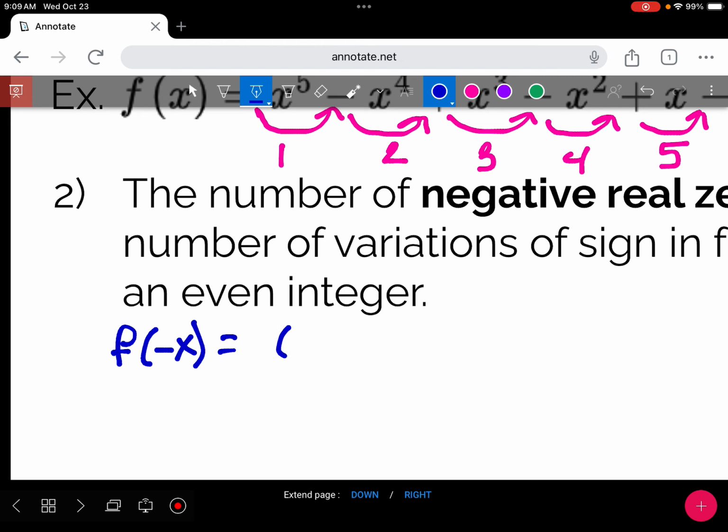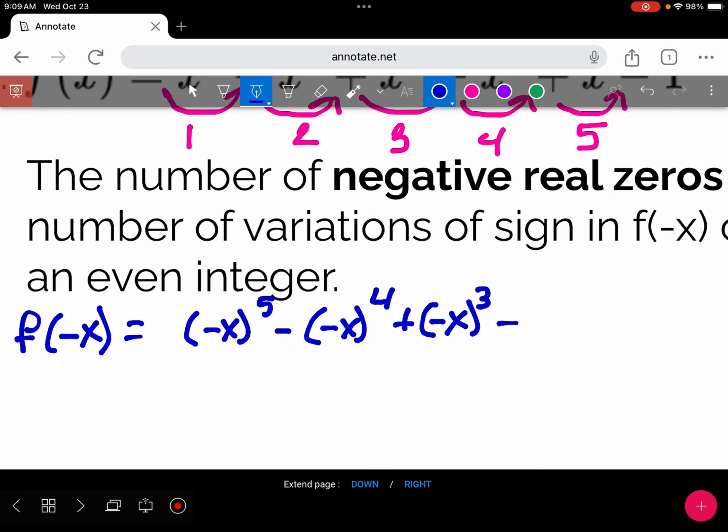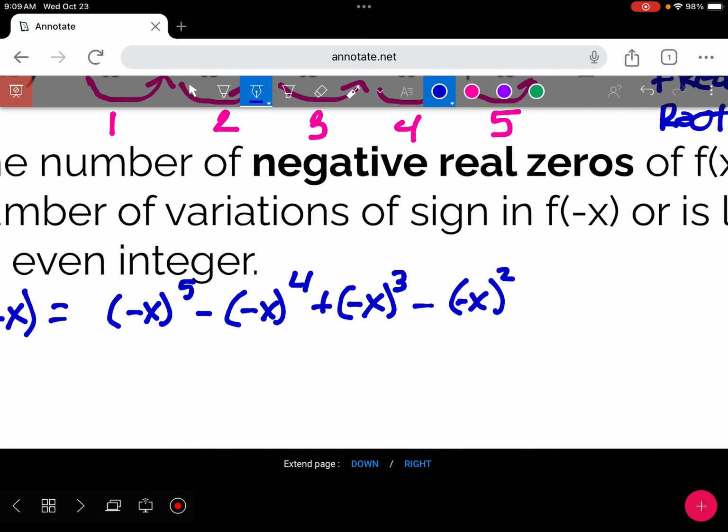So we're going to have minus x to the 5th, minus the opposite of x to the 4th, plus the opposite of x cubed, minus the opposite of x squared, plus the opposite of x, minus 1.